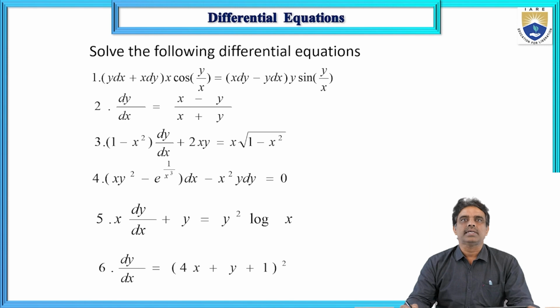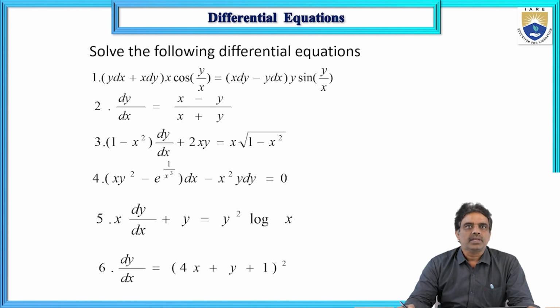Fourth equation: (x²y² - e^(1/x³)) dx - x²y dy = 0. Fifth differential equation: x dy/dx + y = y² log x. And sixth equation: dy/dx = (4x + y + 1)².